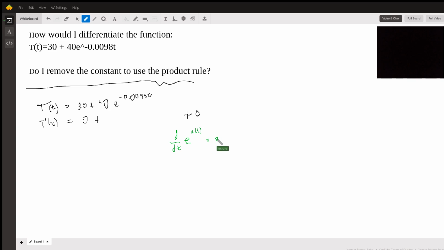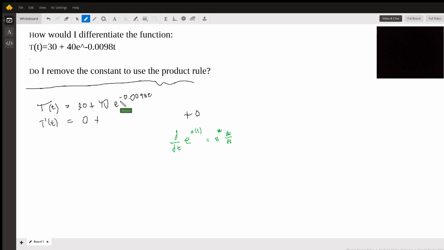That's just going to be e to the u du dt here, or I could write u prime of t if I want. So I'm just going to use this notation. It's a little confusing in calculus. Sometimes we switch back and forth between notations, and it takes a little getting used to.